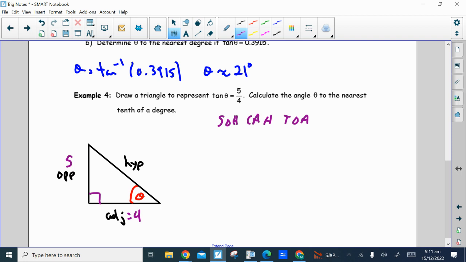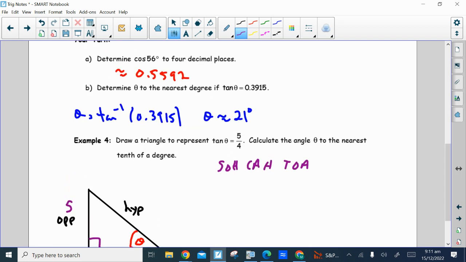Then it also says, what is theta to the nearest tenth of a degree? So this is exactly like question B above. You're told what the tan of theta is. You want to find out what theta is. The only difference is that in this case, we're given tan of theta as a fraction instead of a decimal, but it doesn't change the way it's done. Theta can be found by going tan to the negative 1 of 5 over 4.